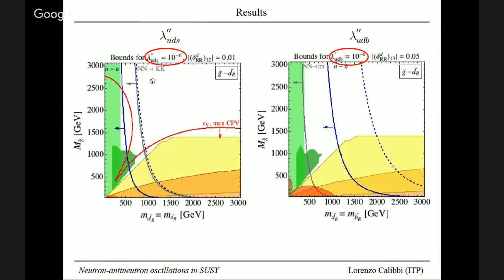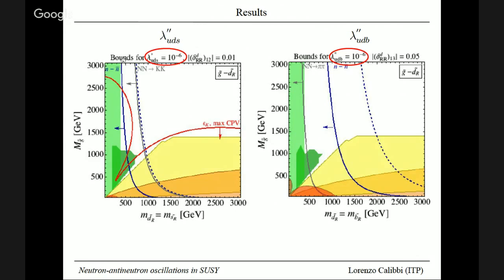Here I'm employing in this left panel the coupling involving the second generation, here the third generation. I'm setting this intermediate value, 10 to the minus 6.